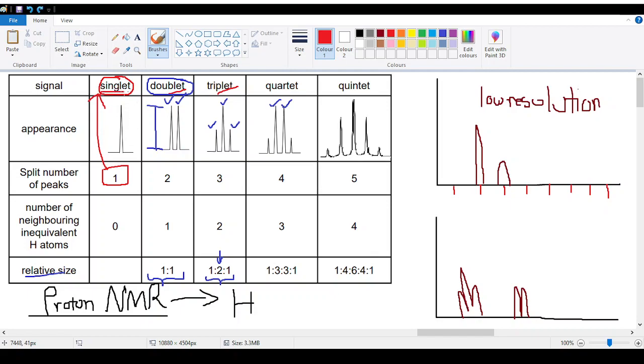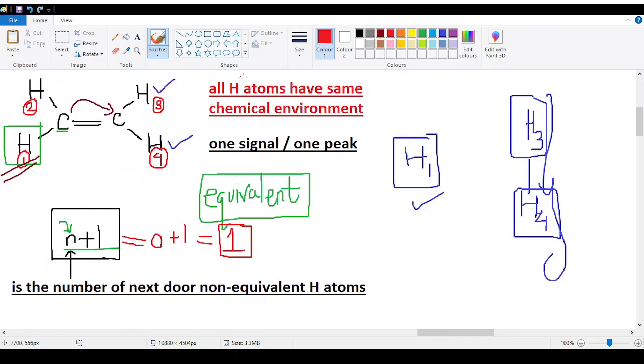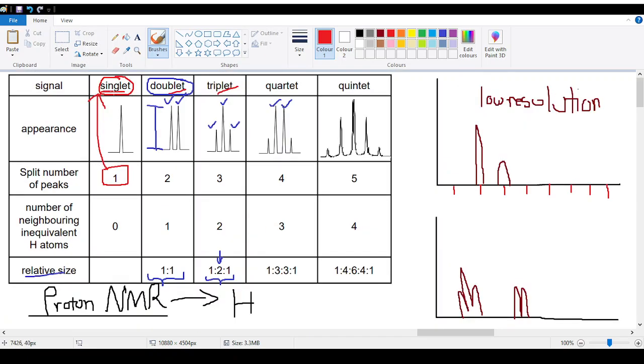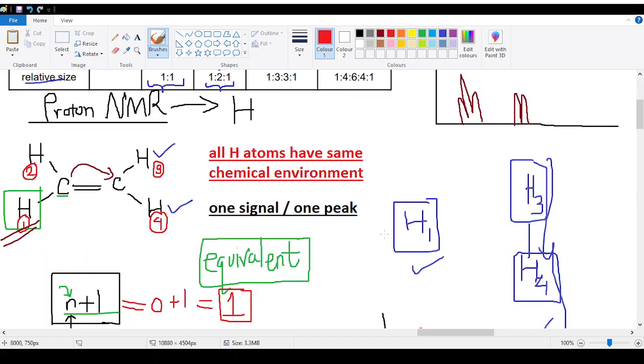Which means for this compound, if you actually try to do NMR spectroscopy, you would get a graph which only had one peak. It would not have any splitting patterns because it would follow the singlet pattern. For a singlet, the appearance would be like this, only one single peak.